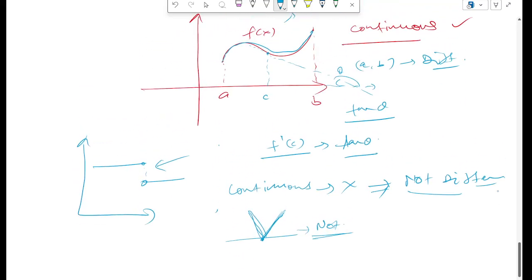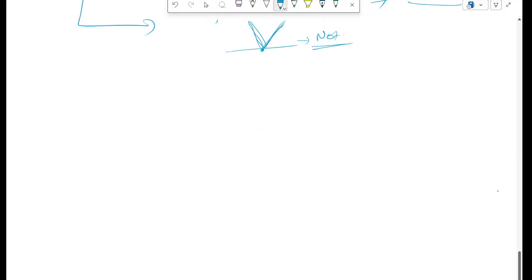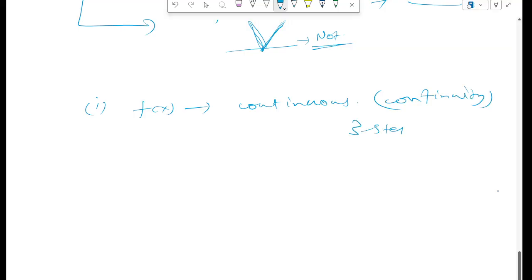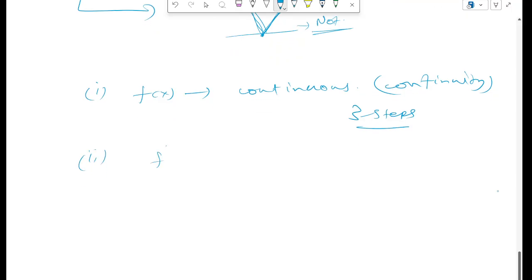Okay. Now I will tell you another fact about continuity and differentiability. When we say a function f(x) is continuous or not, we check continuity using 3 steps, whatever ways we saw in the last video. Now, what differentiability talks about is the differential of this f(x), whether this differential is continuous or not.